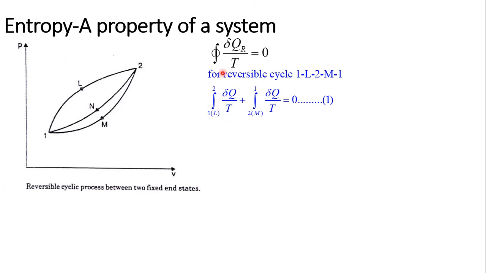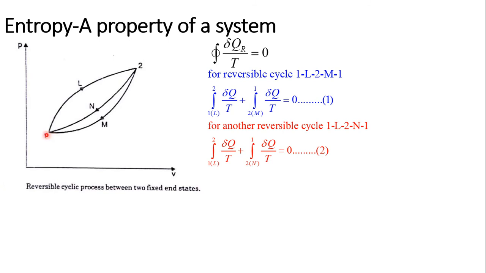This is a cyclic integral, so you have to take all the processes in a particular cycle. So I will write: integral from 1 L to 2 of del Q by T plus integral of 2 M 1 of del Q by T is equal to 0. This is equation number 1. This is for reversible cycle 1 L 2 M 1.